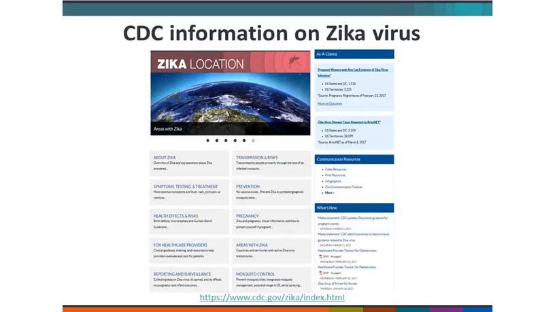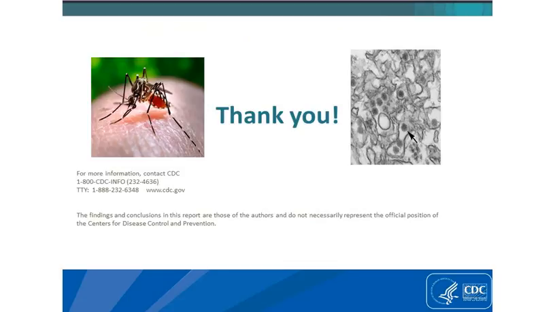There's more technical information here and for prevention and all these other areas. I'll stop with that, and what I'd like to do now is turn it over to Dr. Joelle Olson. Joelle's the lead entomologist at Ecolab, and she'll continue with the rest of this presentation. Thank you.